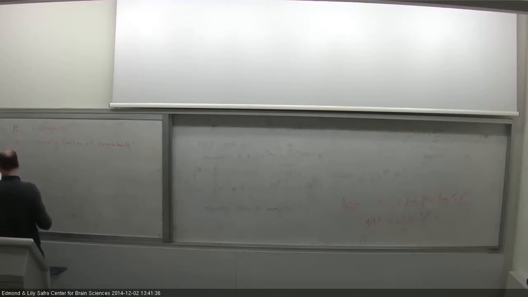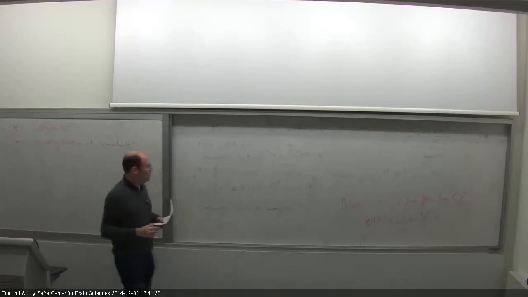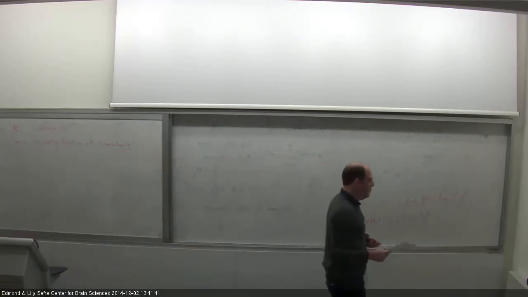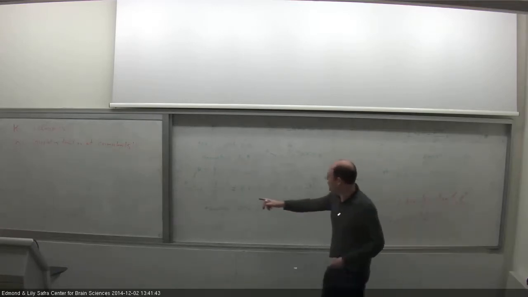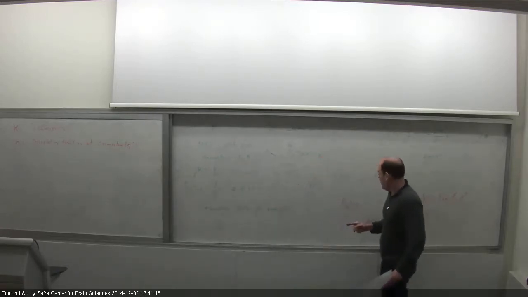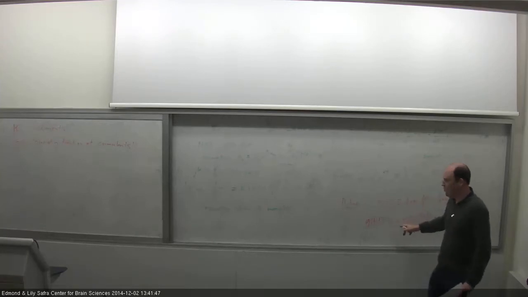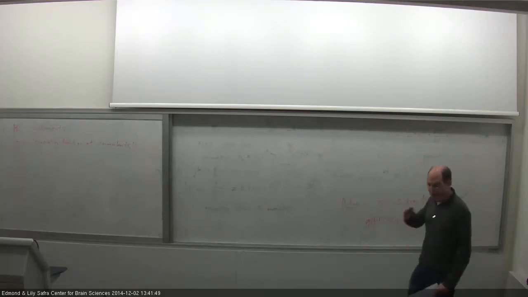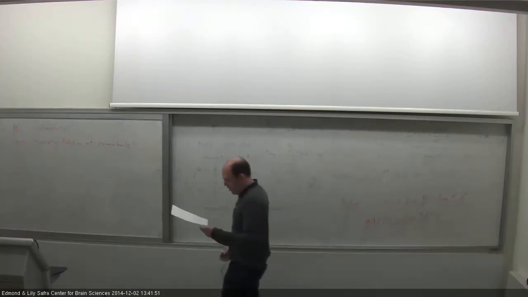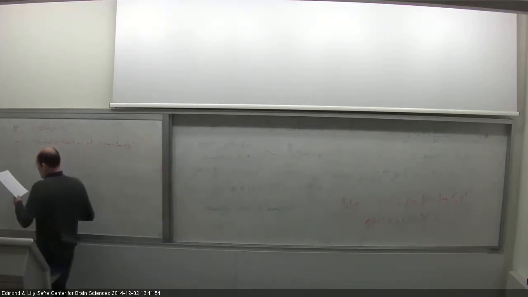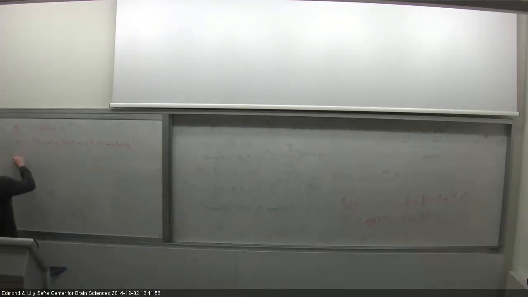Okay. Now, there is a one-to-one relationship between the moments, these coefficients, mu 0, mu 1, mu 2, and so on, and the cumulants, kappa 0, kappa 1, kappa 2. I will not derive this relationship right now. I will just tell you that if you work this out, you find that kappa 1 is equal to mu 1. I'm not writing kappa 0.